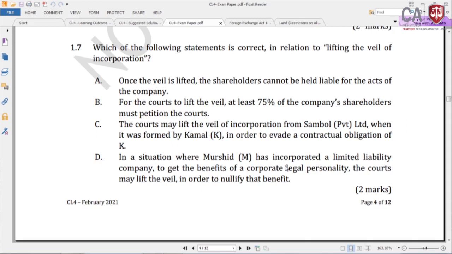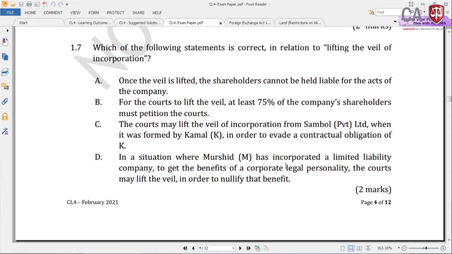Like the earlier question, here Kamal has incorporated the company in order to evade a contractual obligation that Kamal had. So C seems right, but let us look at D also before we conclude.